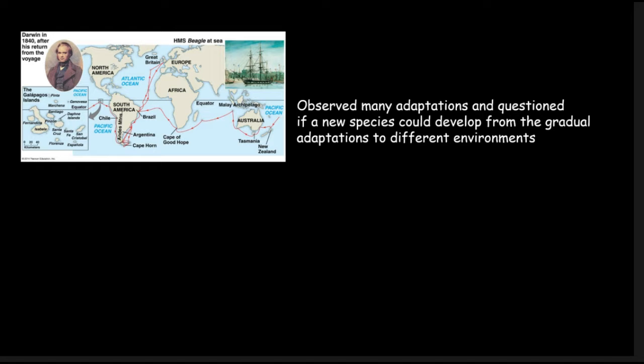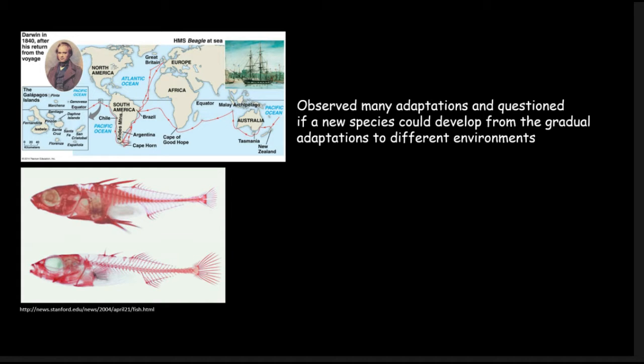Let's take a look at an example of what we mean by that. This is a fossil of the stickleback fish. Now, the stickleback fish is found in two different environments, a marine environment and also in a freshwater environment. Notice the top one that we have right here. That top one has spines, both at the top and the bottom.